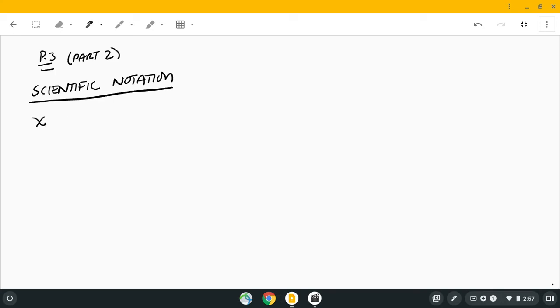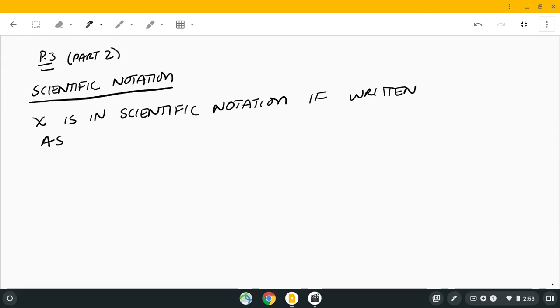So X is in scientific notation if written as some number a times 10 to the n, where two things.